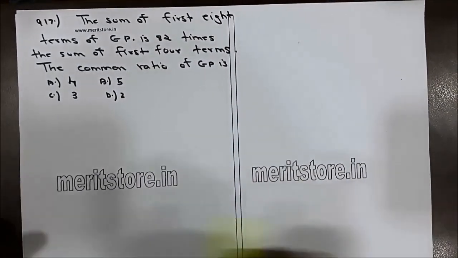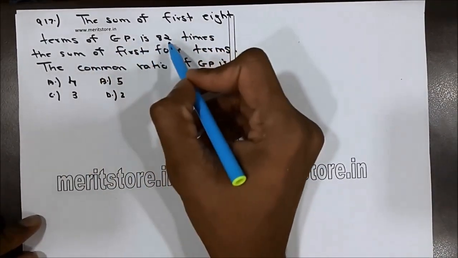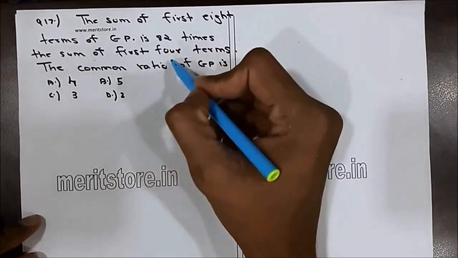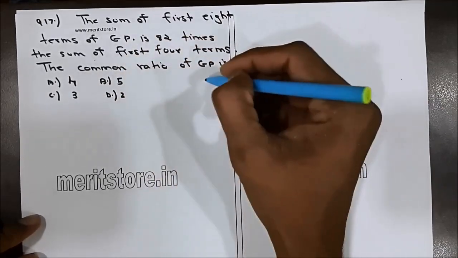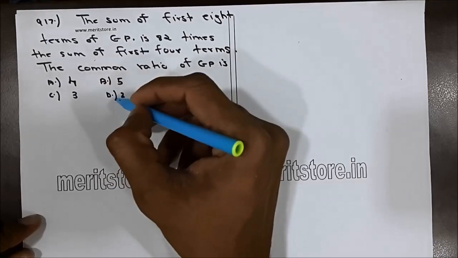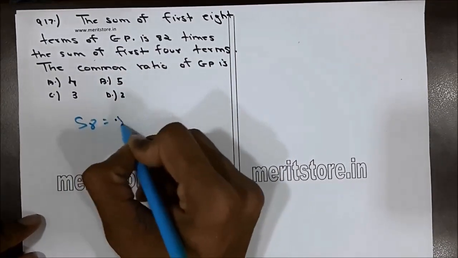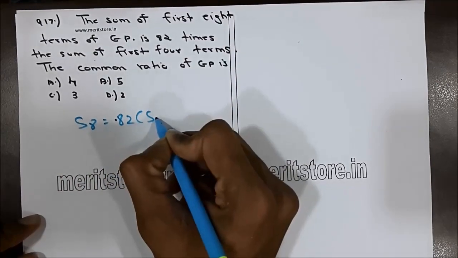Question 17. The sum of first 8 terms of a GP is 82 times the sum of the first 4 terms. The common ratio of the GP is A 4, B 5, C 3 and D 2. Therefore we write S8 is equal to 82 S4.